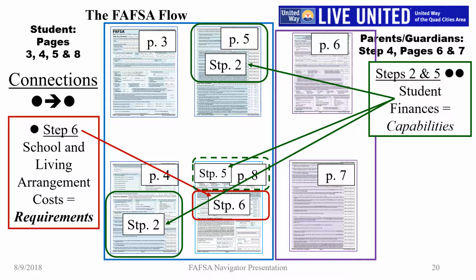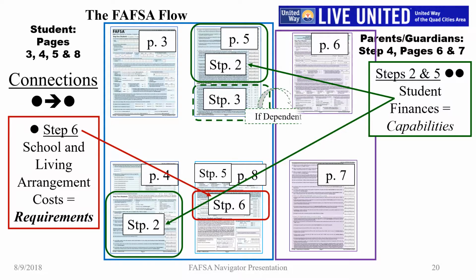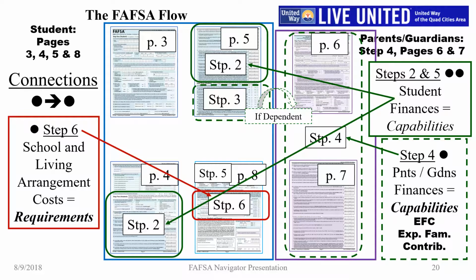If the student is determined to be dependent, then the parents' or guardian's capabilities to pay for some or all of the student expenses is added in. This is called the Expected Family Contribution, or EFC. In just a moment, I'll tell you where you can find out more on the EFC formula.